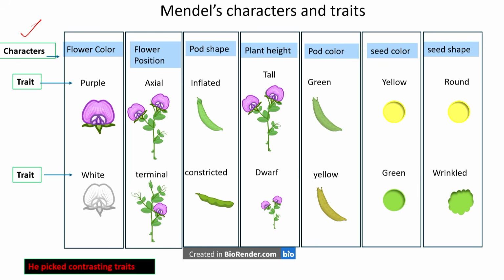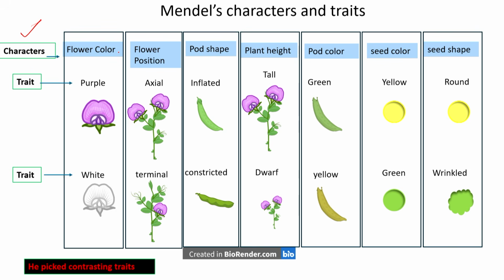Now, whenever we are talking about a character, there could be many variations in that character. The character could have 2 variations, maybe 3 or even more. Here, for simplicity, we are talking about 2 contrasting variations within a character.